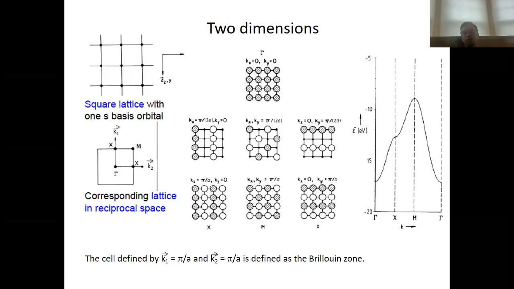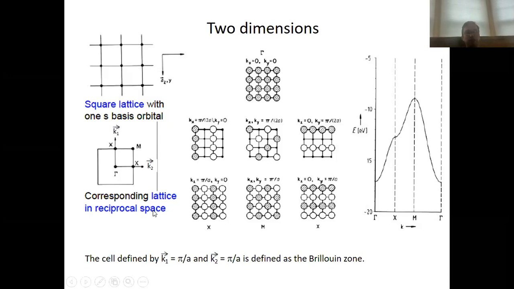Okay, so now what is different to the 1-dimensional case? The main difference is that we have now 2 k vectors, k1 and k2, that point into the 2 different dimensions, x and y, and these 2 k vectors form a lattice in the reciprocal space.